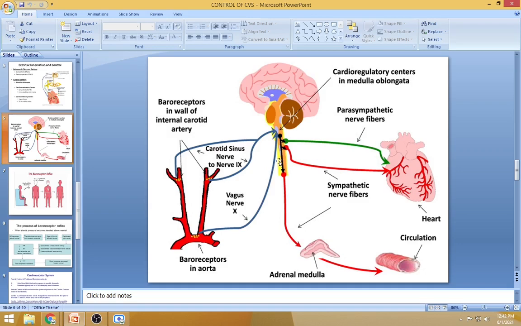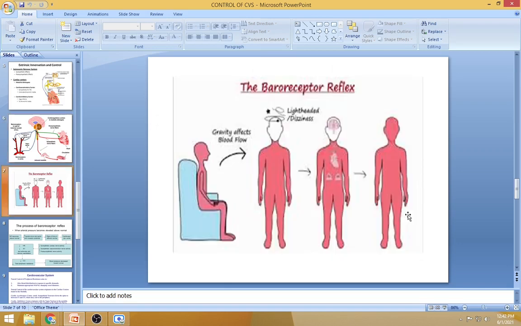Anyway, the baroreceptor reflex is important when we are changing posture as well. It is something that controls the pressure on an immediate basis. When you change your posture from lying down to sitting, and from sitting to standing, the immediate control of the cardiac parameters would be done by the baroreceptor reflex.